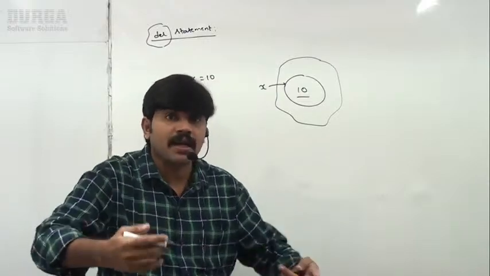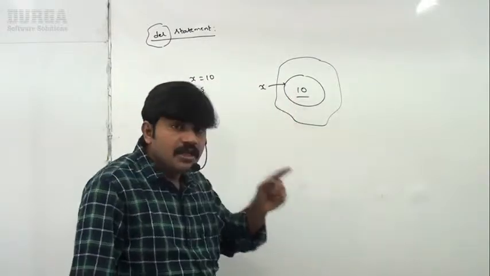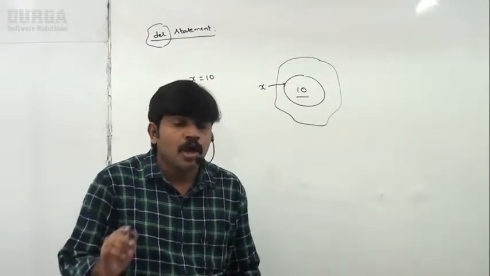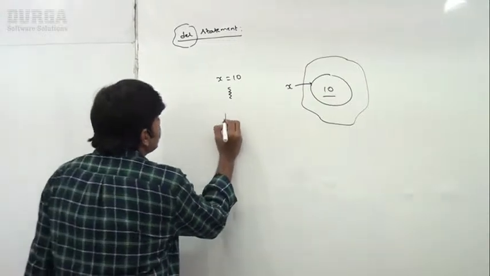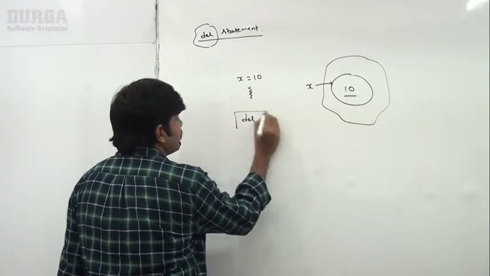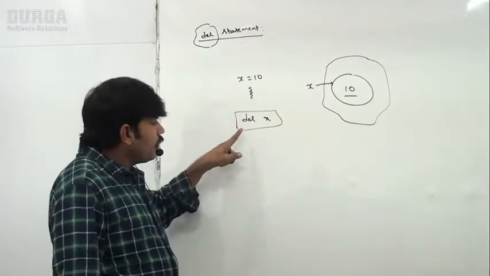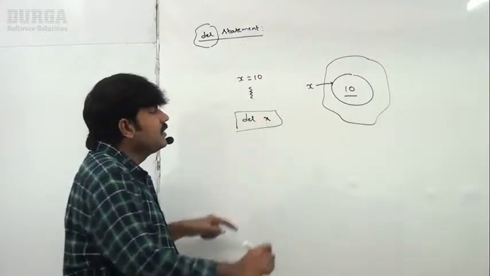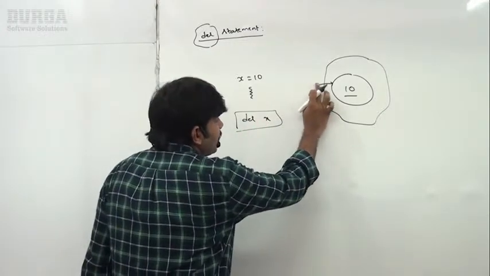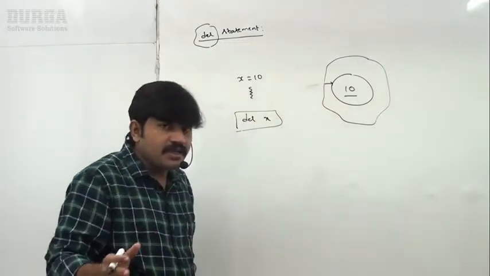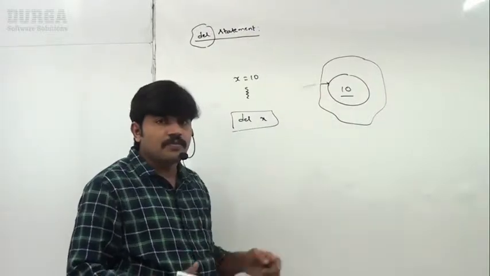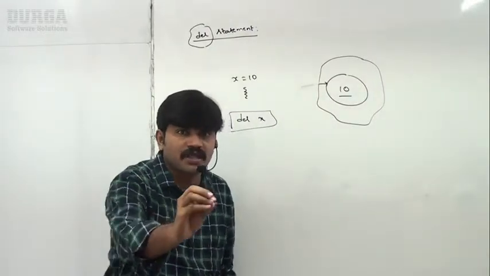I want to make this object eligible for garbage collection. How can you do that? With del x. If I use del x, this x variable will be deleted, and if the variable is deleted, the corresponding object becomes eligible for garbage collection.